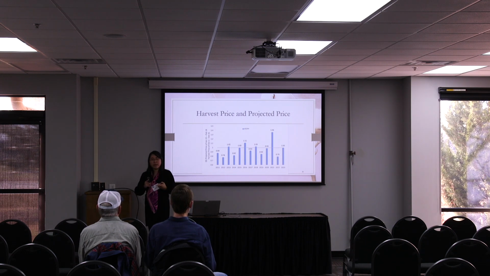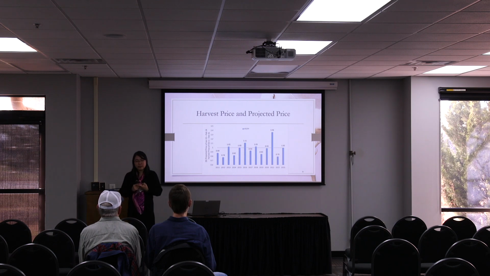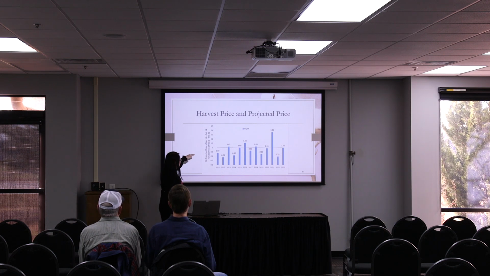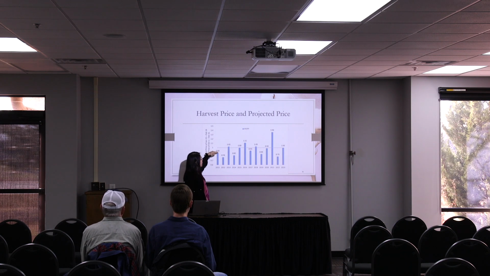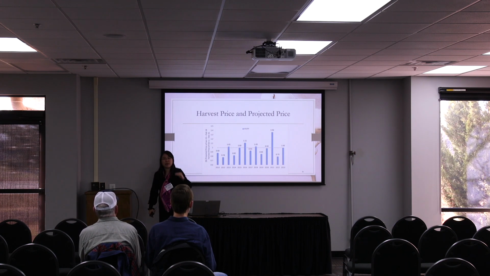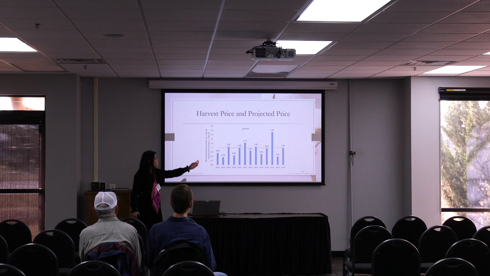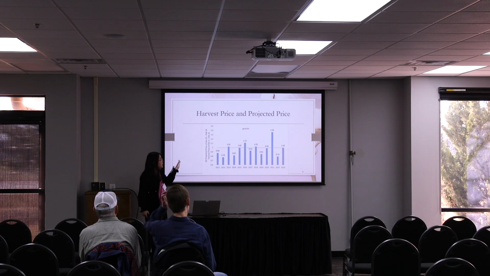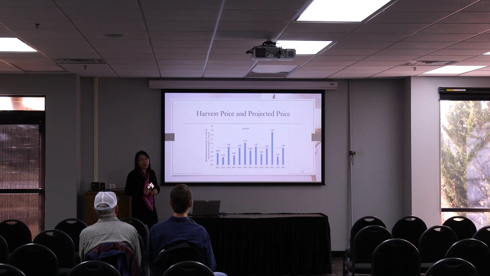This graph shows the harvest price divided by projected price. When the bar goes over the line of 1, that means the harvest price is higher than the projected price. For the past 14 years, there have been only 4 times that the harvest price was higher than the projected price.